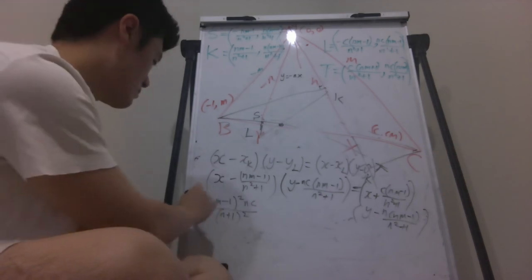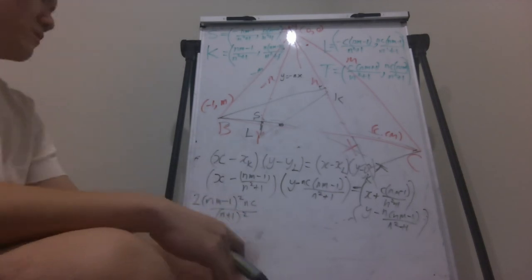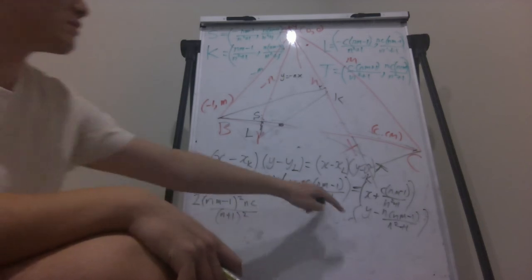You get 2 lots of this. That's the constant term on the left hand side. So times this and then plus this.